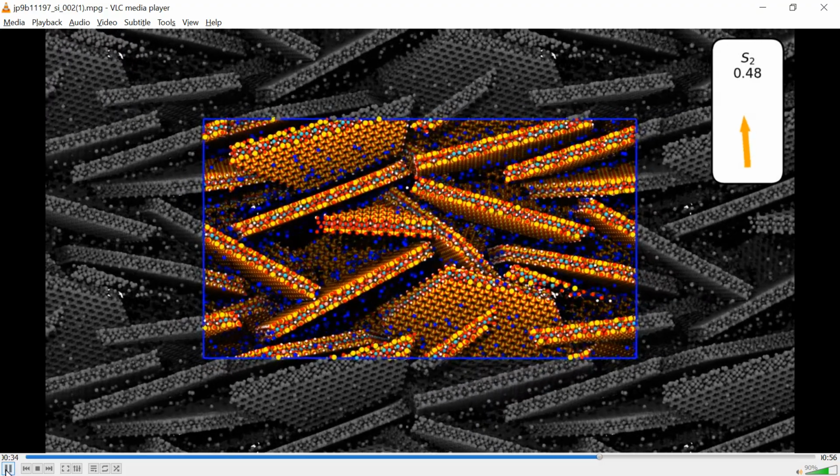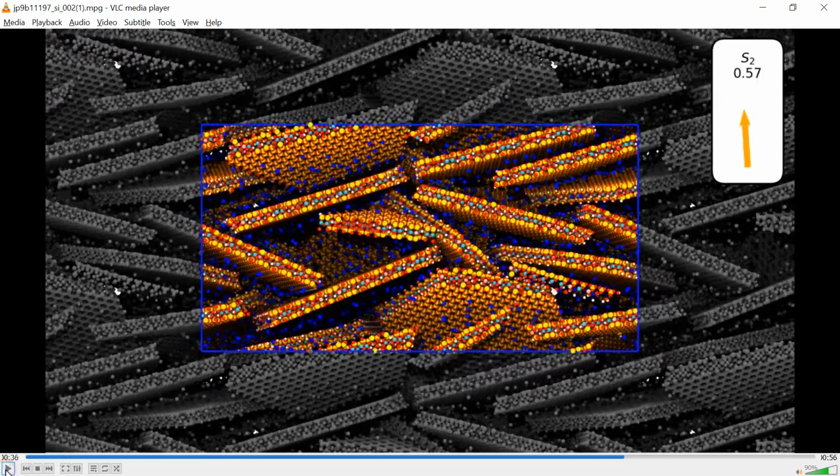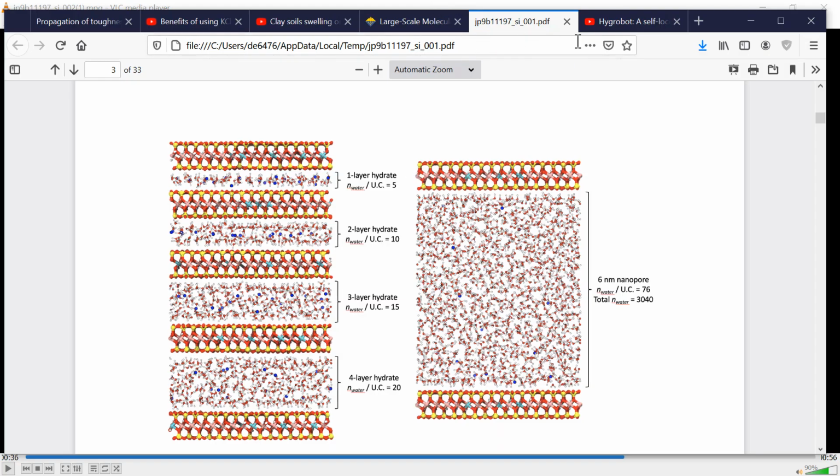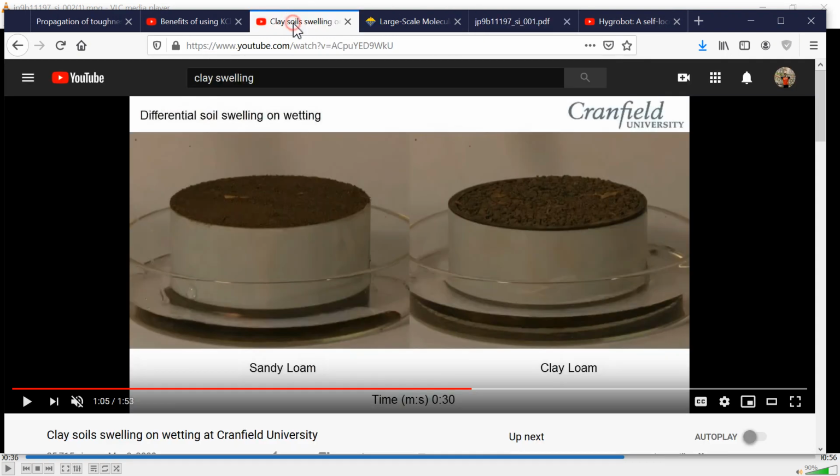And I have one more example related to clay swelling. In this video, we see two types of sediments. One has a higher fraction of sand, and the other one has a higher fraction of clay.